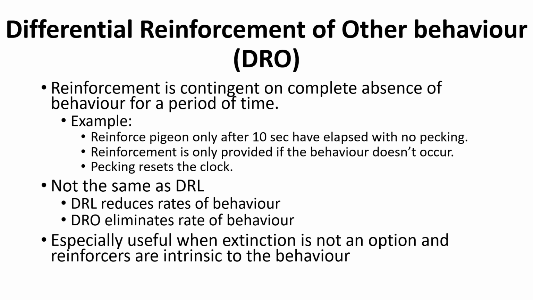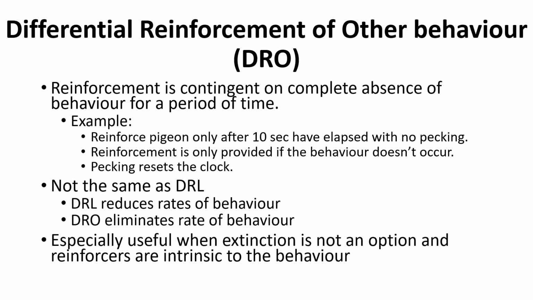But as soon as the child starts sucking their thumb again, the parent would stop reading the story, they'd remove that reinforcement, and the hope would be that over time the child would suck their thumb less and less to hear more and more of the story. This DRO procedure is especially helpful in situations where extinction alone isn't an option. So with thumb sucking, maybe that action itself is soothing.